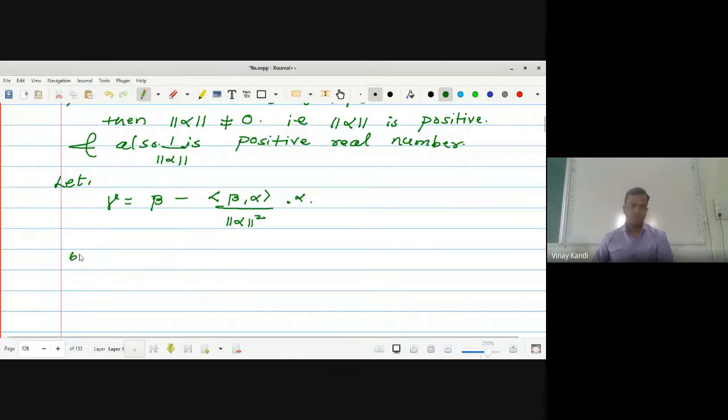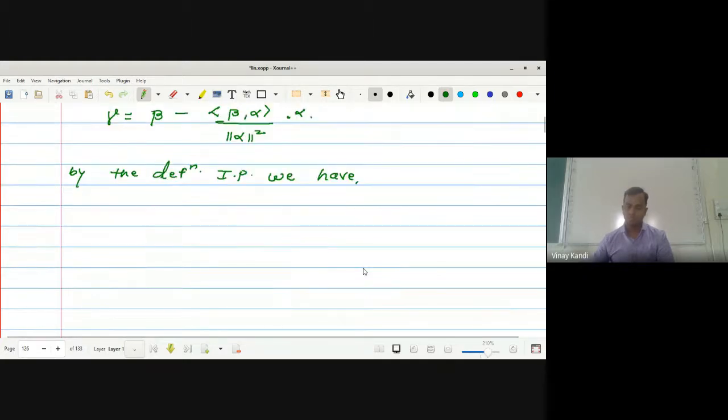Now, by the definition of inner product, the inner product of gamma and gamma is always greater than or equal to 0. Is it correct? Yes, sir.